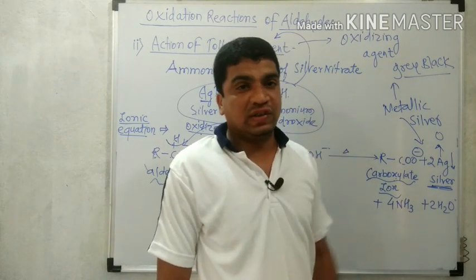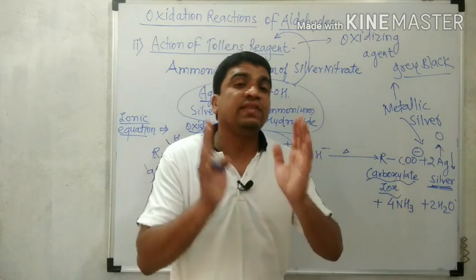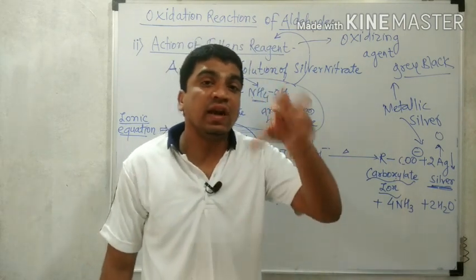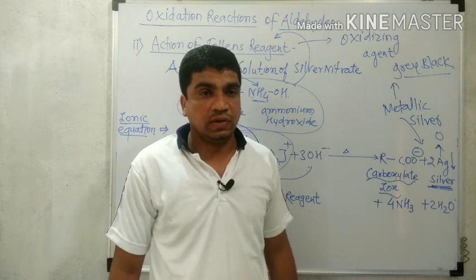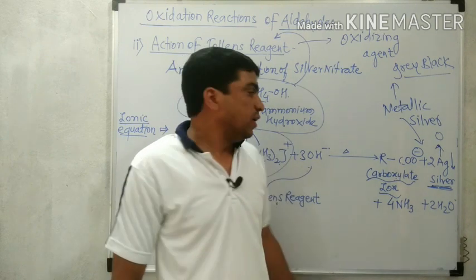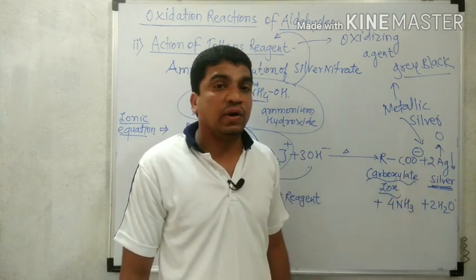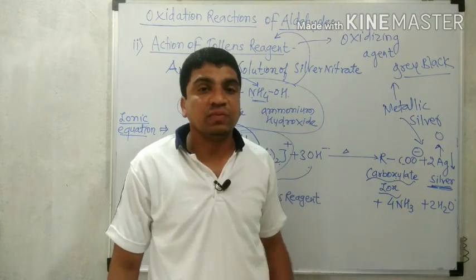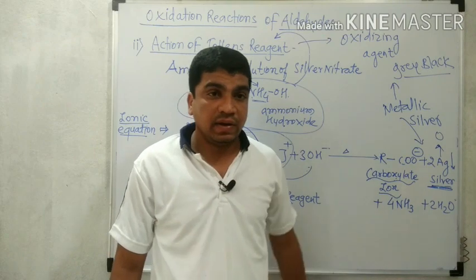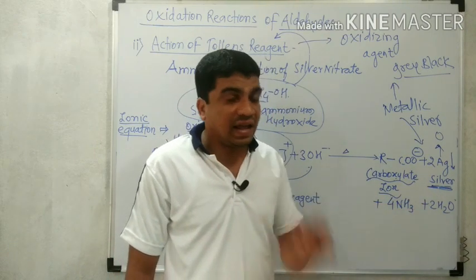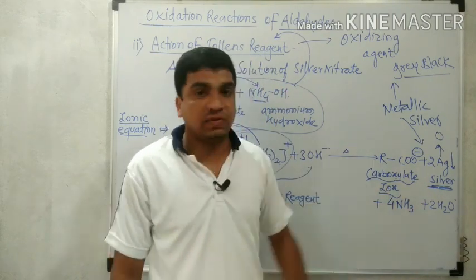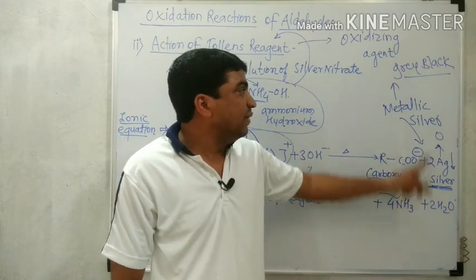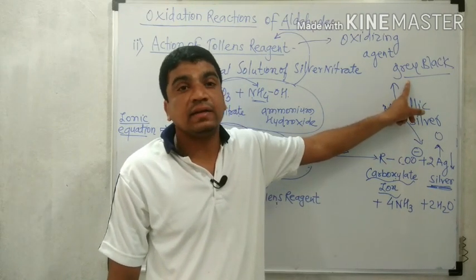The important note for this reaction: if this reaction is carried out in a glass test tube, then the metallic silver produced forms a coating inside the glass test tube. The metallic silver obtained as byproduct, with carboxylate, has grey-black color.